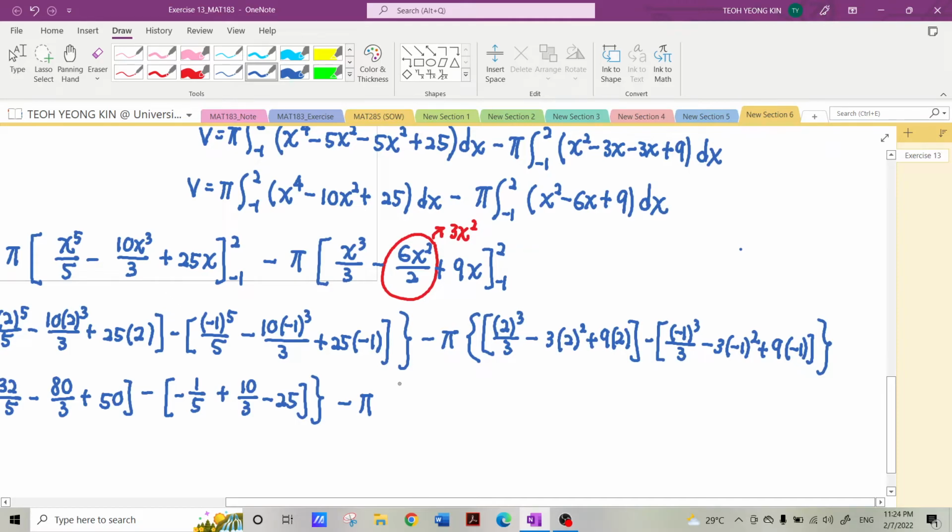Here comes the second part. 2 power of 3 is 8 over 3 minus 2 power of 4 is 4 minus 3 is -12 plus 18, minus, this one is -1 over 3 minus -1 squared is +1. +1 times -3 is -3 minus 9.